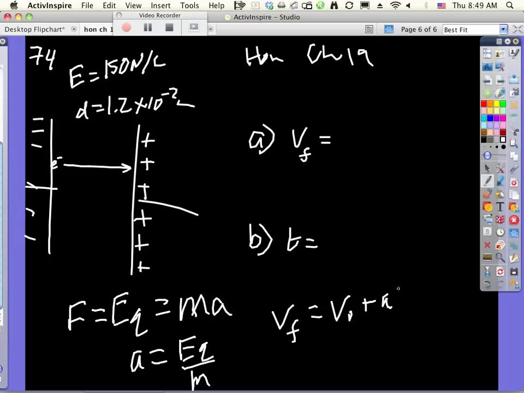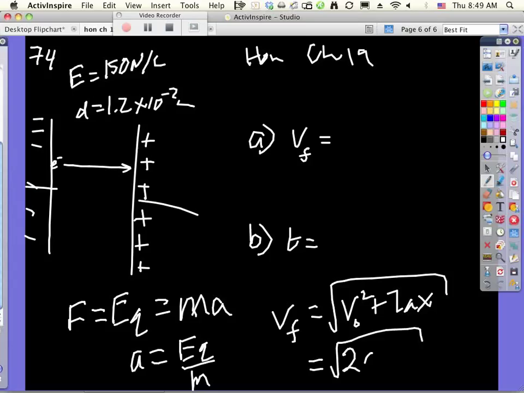So of course that's just going to be the square root of 2, and then that of course is just the square root of 2EQD over M. Plug all that stuff in and you get an answer. And then for the other one, you kind of have to do this: X equals V0t plus 1/2 AT squared.